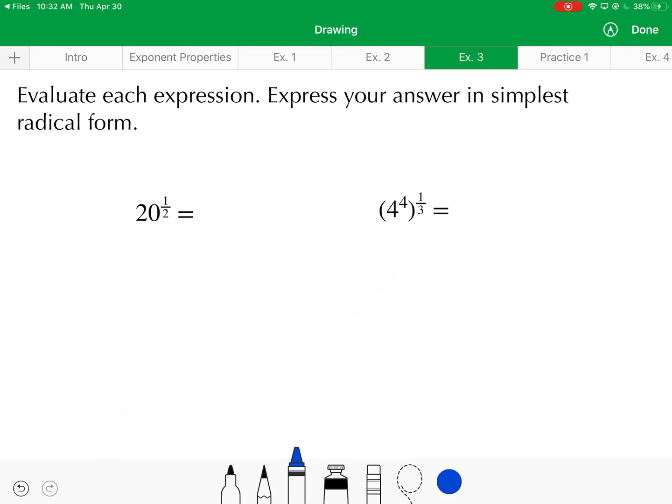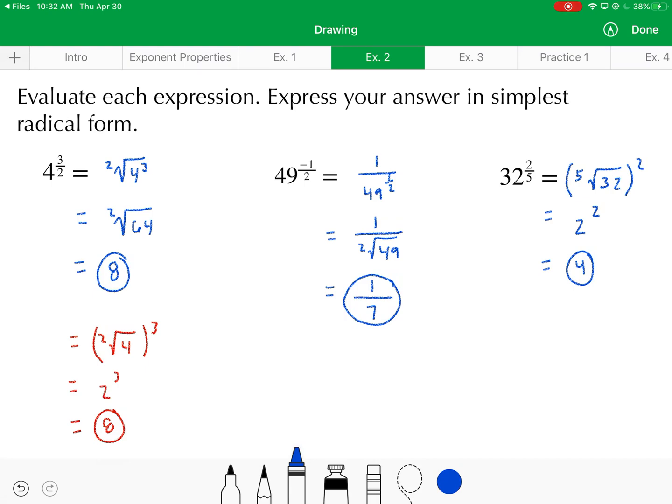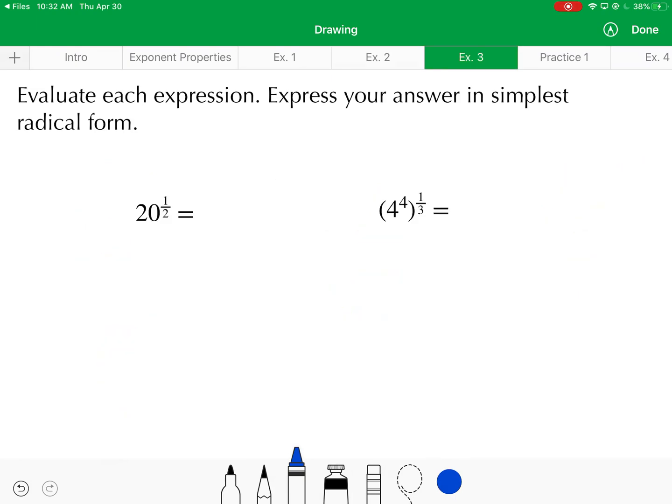All right, let's move forward to a couple more examples here. Notice everything in example 2, all 3 of these, simplified to where we didn't have a radical in the final answer. But I think you're going to see in these next few that that's not going to be the case. Okay, so now I have 20 raised to the half power. So we know that that's the same as the square root of 20 raised to the first.